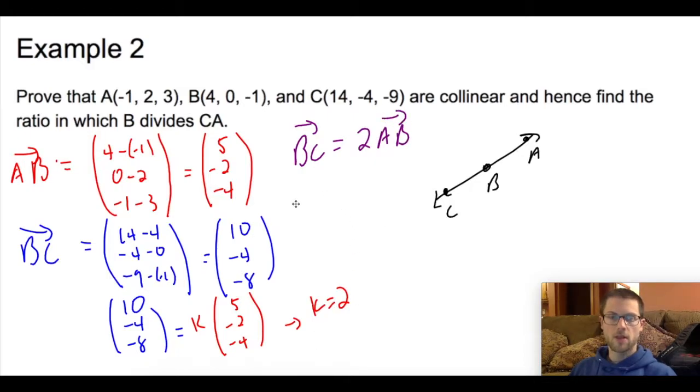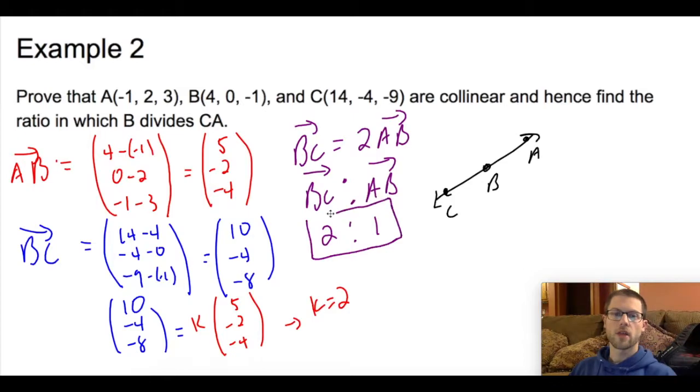That means the ratio of BC to AB is 2 to 1, since BC is twice the length of AB. We did a whole bunch of stuff there. The key was finding what these vectors were, then finding the scalar multiple that gets me to the larger one, or you could do the smaller vector, and then using that scalar to describe the ratio between these two lengths.